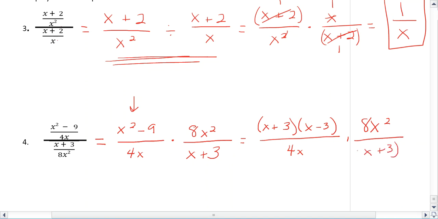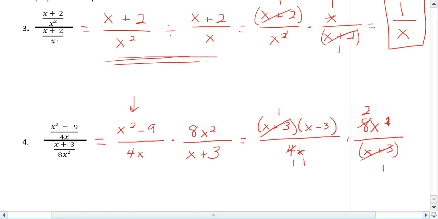I'm going to put that in parentheses just to remind us it's a binomial. It's all or nothing. So this x plus 3 cancels with this x plus 3. 4 goes into itself once. 4 goes into 8 twice. This x goes into itself once and takes out one of these x's.